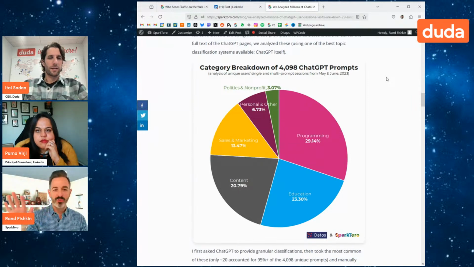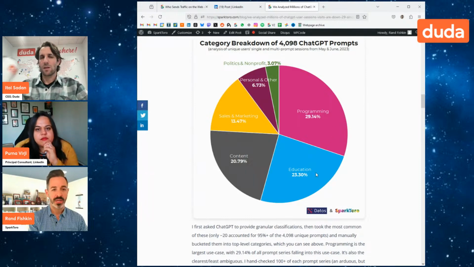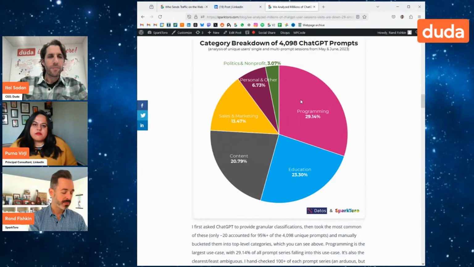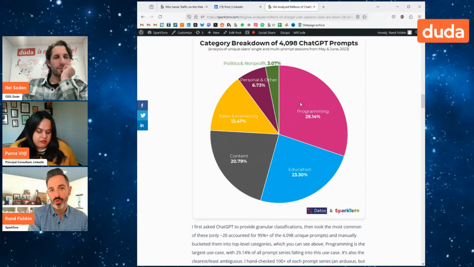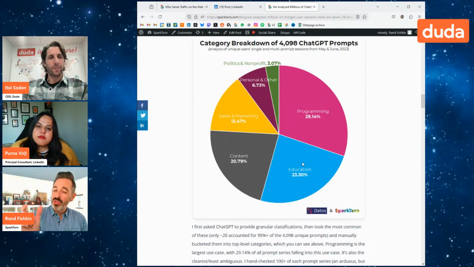So I want to grant that this might not be true today, but what people were using ChatGPT for last summer was very programming and education heavy, right? So this is essentially help writing code. And a lot of the education, I do think, is potentially search replacement.